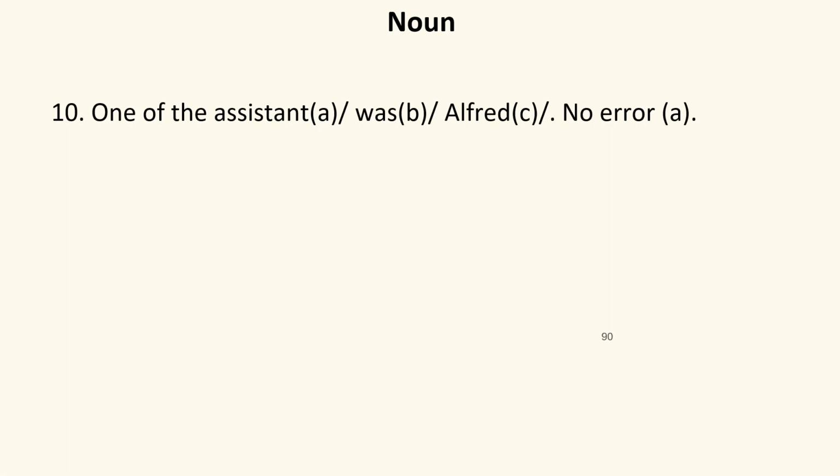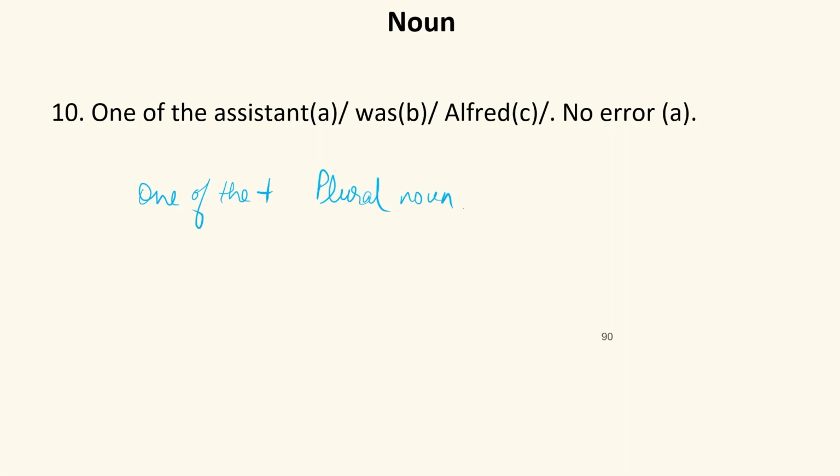One of the assistant was Alfred. Now, if we say one of the, the noun which comes after this phrase should be a plural noun. Because we can pick out or select from many, not one from one. We can select one from at least two. For example, we can say one of the two boys, one of the three children, one of the students in the class.